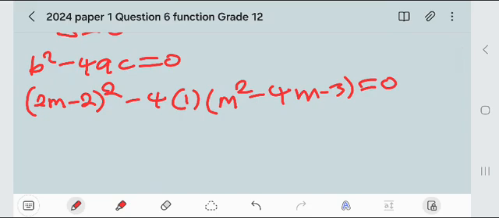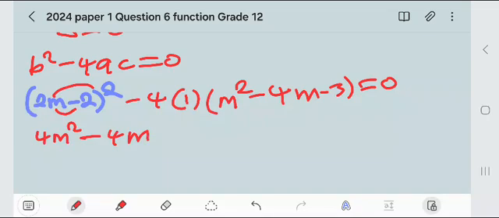Now simply simplify this. This is a perfect square. Square the first one, which will be 4, then m squared. Then I multiply by the 2, and that will give me minus 4m.